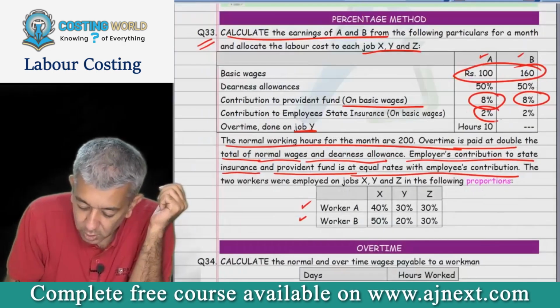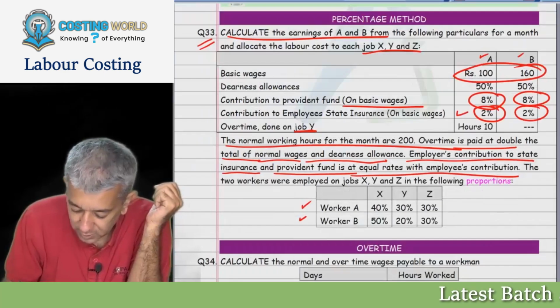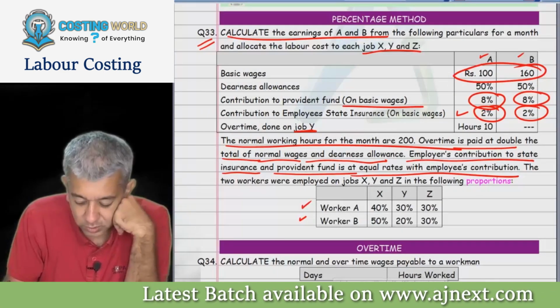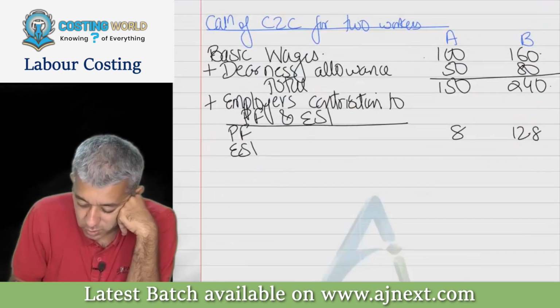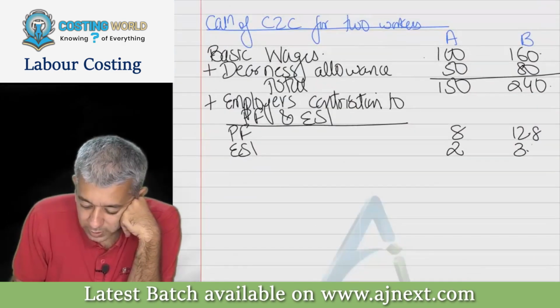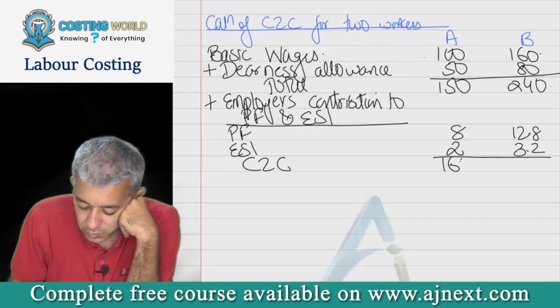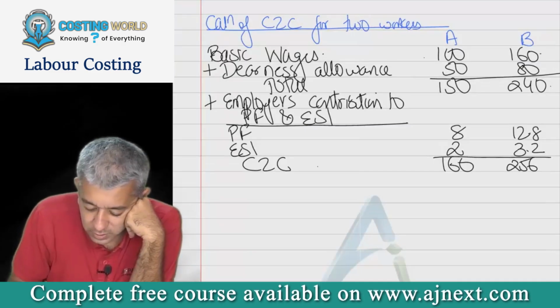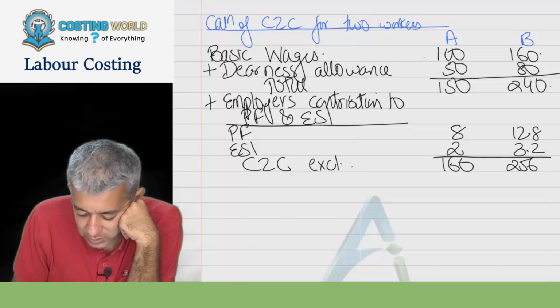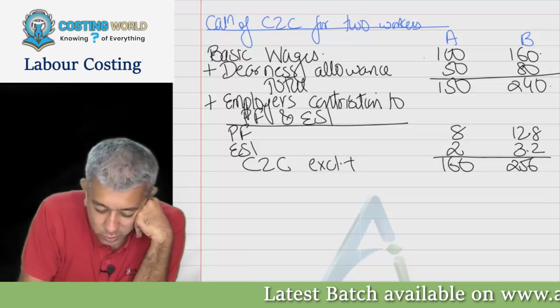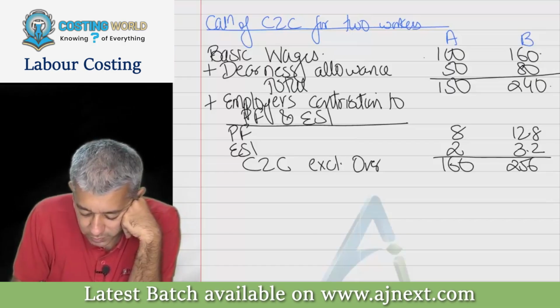ESI is 2% of basic wages. Basic wages in this case are this only, so 2 and 3.2. This is C to C: 160, 256. But obviously this is excluding overtime.